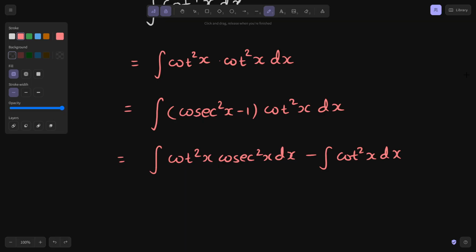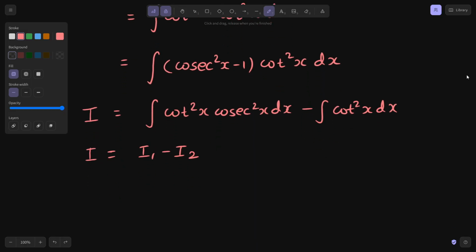Now if I assume the whole integral, that is integral of cot⁴x, as I, so I can now write I as, let's suppose the first integral is I1 and the second integral is I2. Let's solve it separately. So coming to I1, that I1 is integral of cot²x cosecant²x dx.